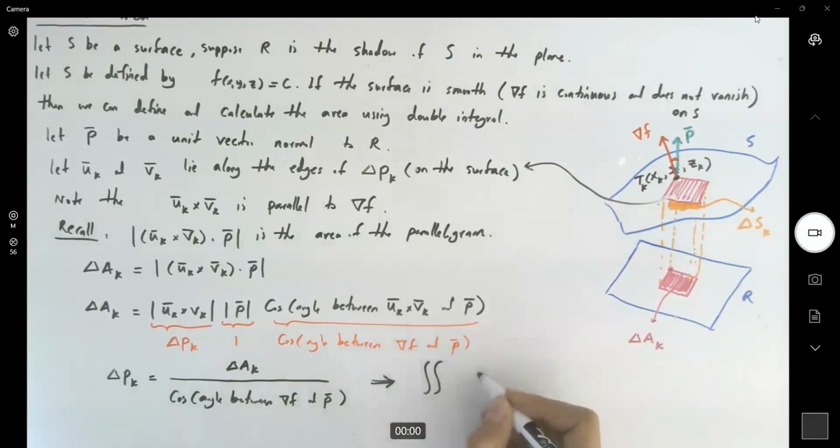The double integral of dA divided by the cosine of the angle between the gradient of f and P.